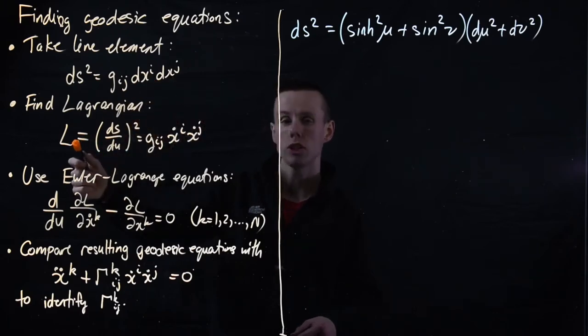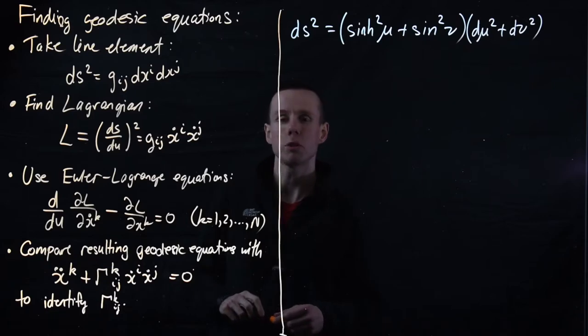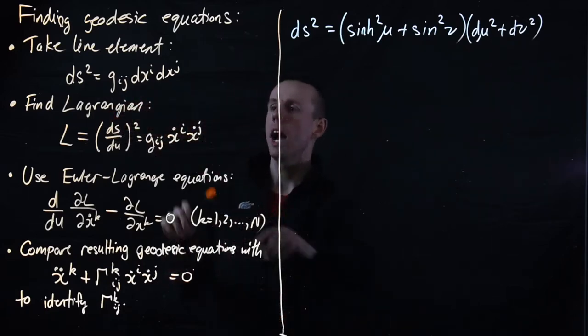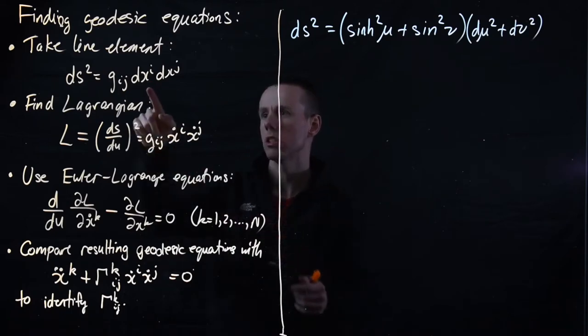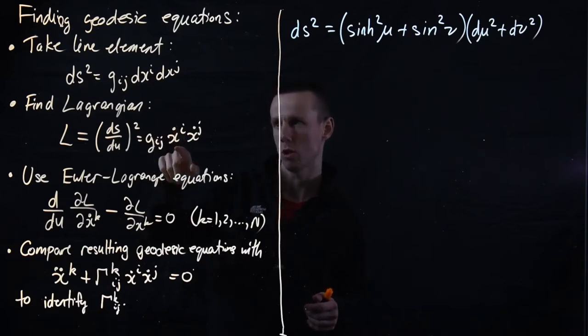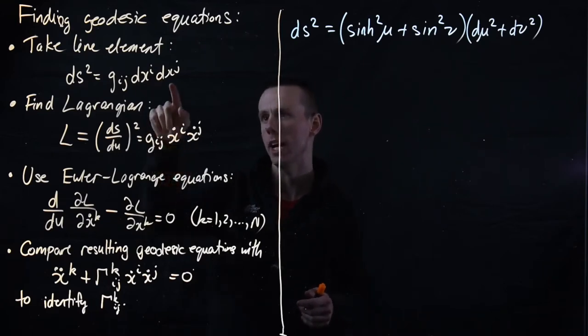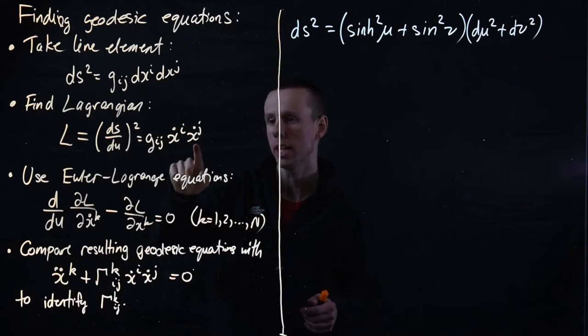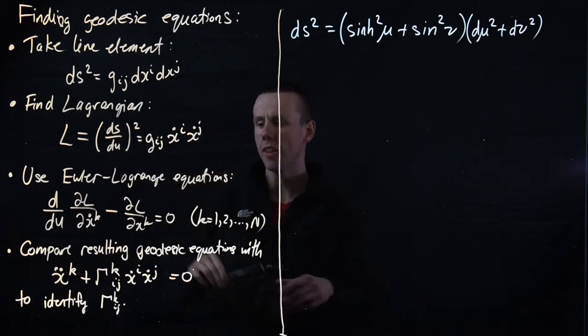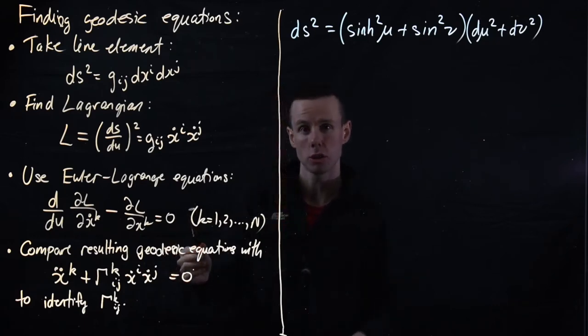To get this Lagrangian, basically what you do in practice is you take the expression for the line element, and where you have differentials, like here, dxi, dxj, you change them into x dots. So dxi becomes x dot i, dxj becomes x dot j. So you get this object called the Lagrangian, and then you plug it into the Euler-Lagrange equations.